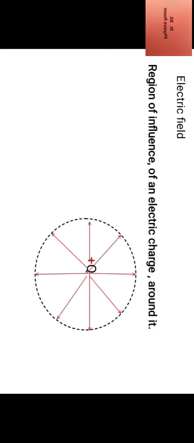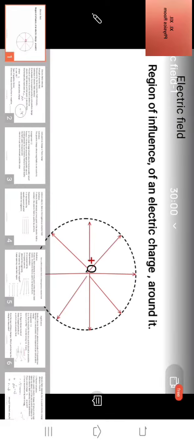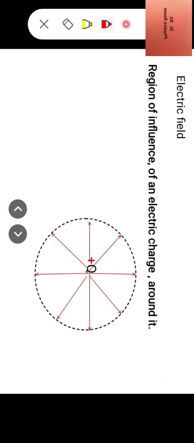Now what is electric field? How do we define electric field? Region of influence of an electric charge around it is defined as electric field. So look at the diagram.